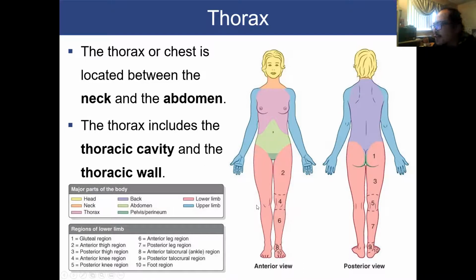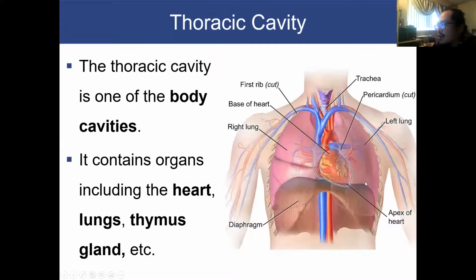These are just different parts, but I'm giving you a quick overview here. The thorax includes the thoracic cavity, and the thoracic cavity is formed by the thoracic walls. So here we have the thoracic wall forming this cavity, right?